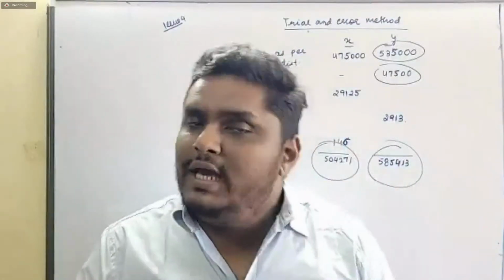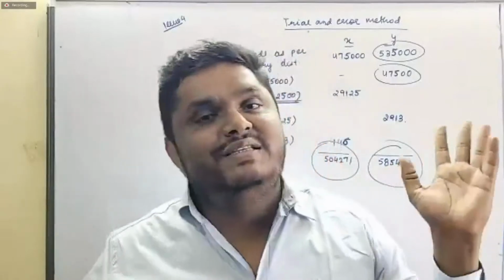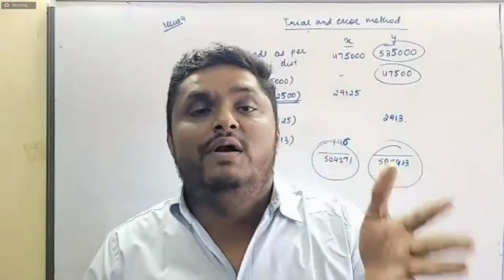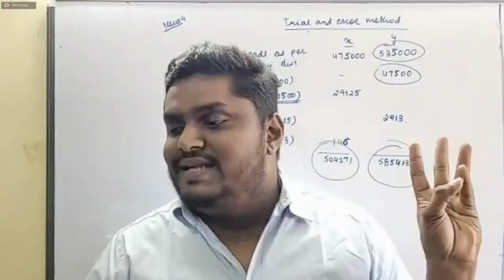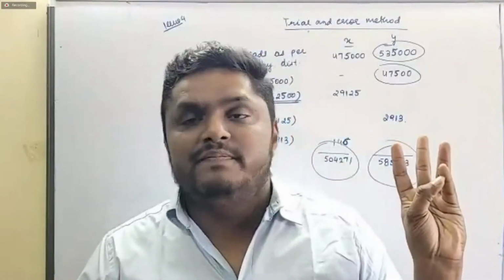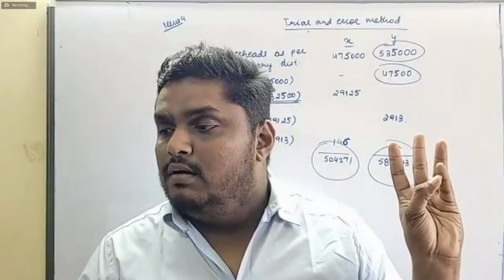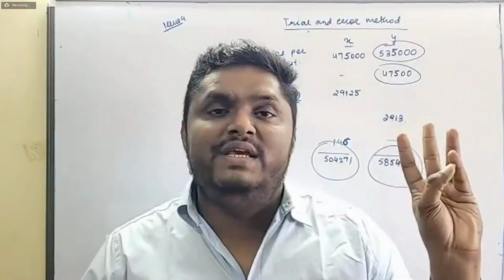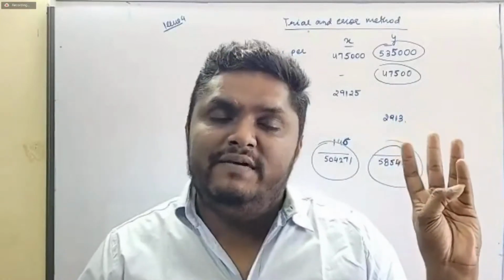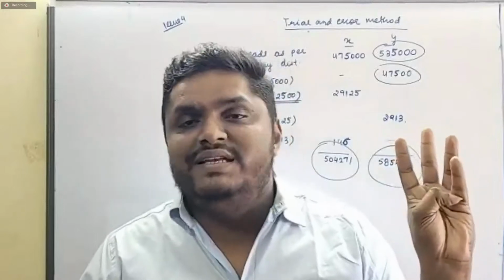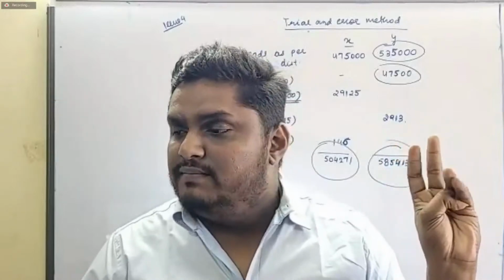And thereafter, for the reciprocal approach, we discussed illustration number 4, wherein we covered all three methods, that is simultaneous equation method, repetitive distribution method, and last one is trial and error method.